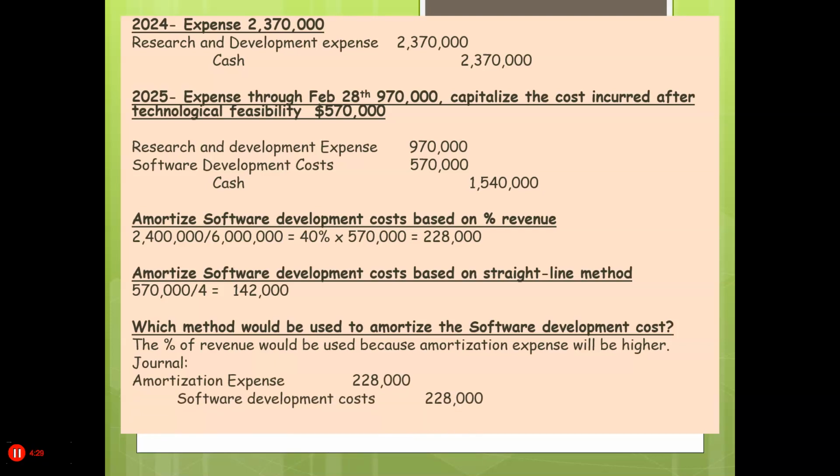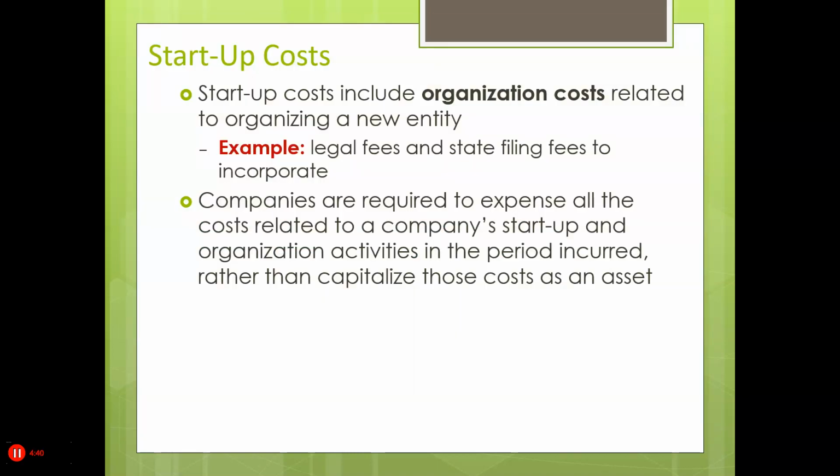Now remember, whenever you amortize, there is no accumulated amortization. It goes directly against the asset on the balance sheet. Now the last thing we talk about is startup costs. Just remember, all costs associated with organizing a company are always expensed. And that completes this part of our presentation.